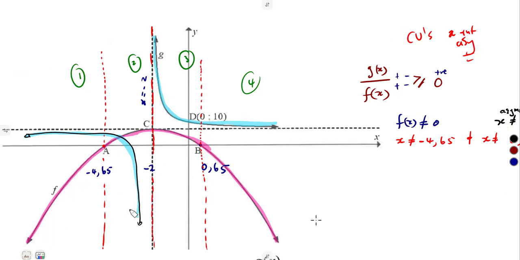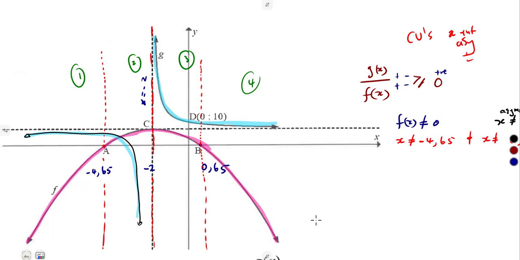Yes, it can satisfy other conditions, which is not part of the solution. So as you consider this region, do not focus on this part because it's part of the graph. When you were asked to draw it, the question is draw it. You are the one who is supposed to draw it. In that case, you can consider that part.